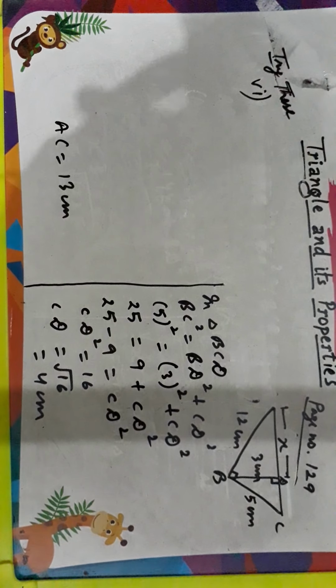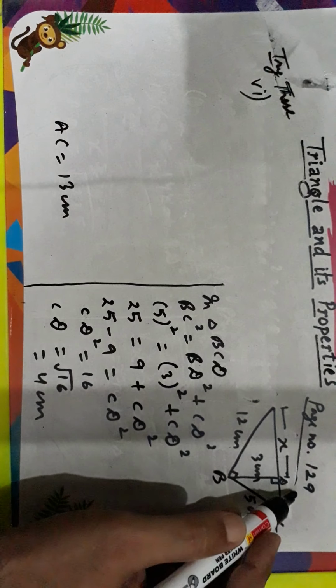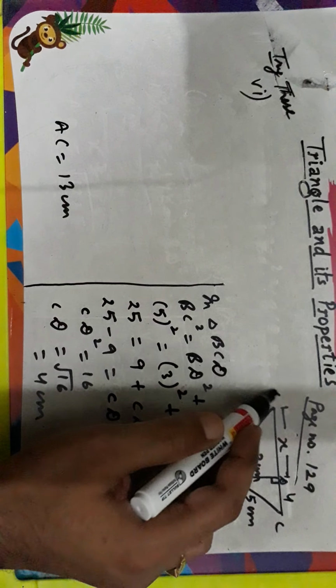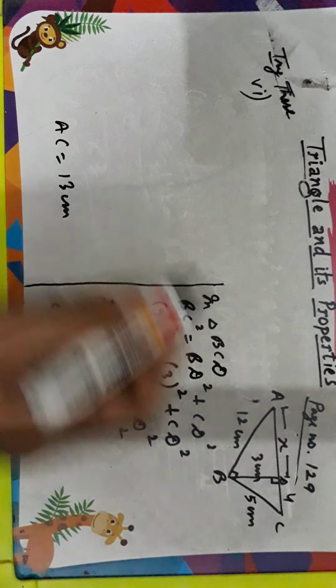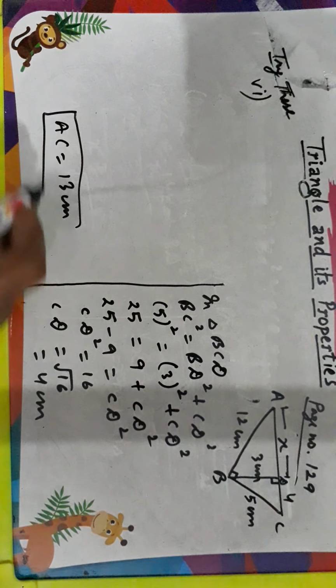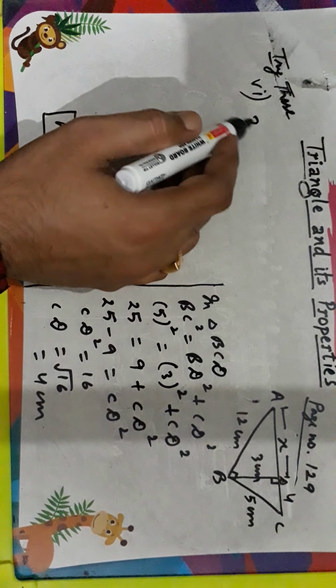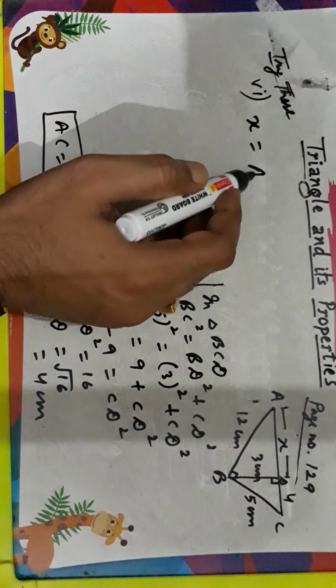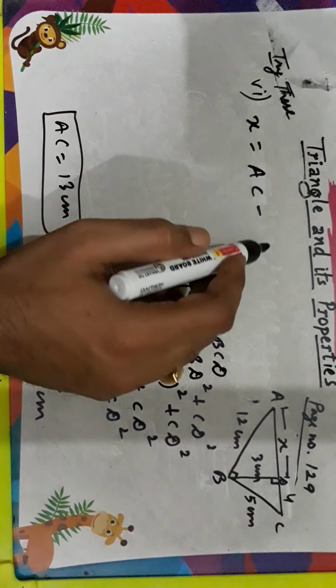Now since this is 4 centimeter and you already have found that AC was 13 centimeter, x over here will be AC minus CD.